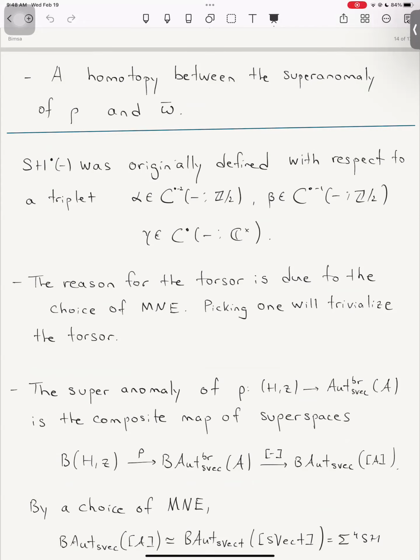And the point is that if you have an omega, which is a class inside supercohomology, or just a supercohomology cocycle, then you can break it down into a cocycle that's shifted down by degree 2, another cocycle shifted down by degree 1, and a cocycle gamma. So omega is an alpha, beta, gamma type of thing. So this is exactly some sort of generalized cohomology theory, right? It looks like a truncation of little ko theory.